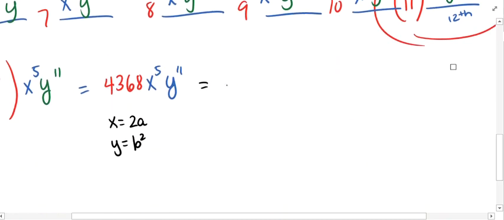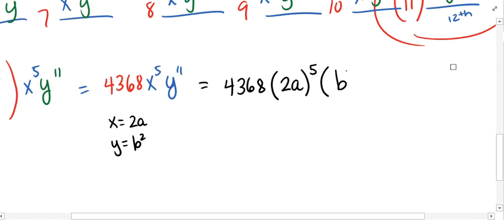So this is going to be 4,368. We're going to replace x with the quantity 2a, which has to be raised to the 5th power. And then we're going to replace y with b squared, which has to be raised to the 11th power. Now we need to simplify. So this is going to be 4,368.